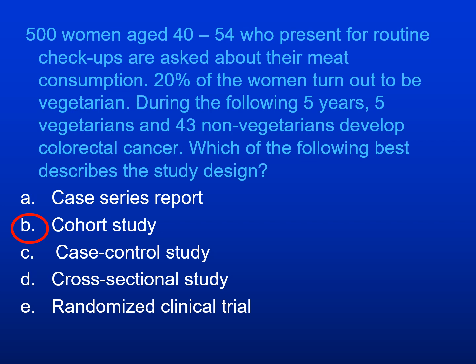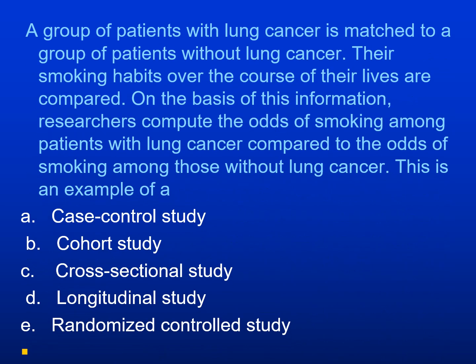A group of patients with lung cancer is matched to a group of patients without lung cancer. Their smoking habits over the course of their lives are compared. On the basis of this information, researchers compute the odds of smoking among patients with lung cancer compared to the odds of smoking among those without lung cancer.